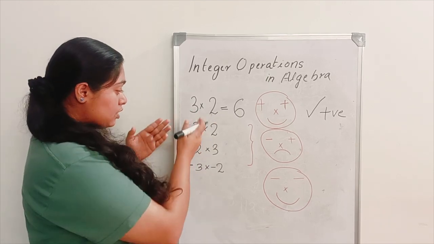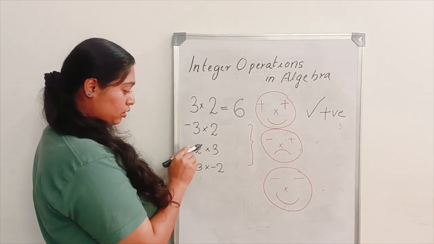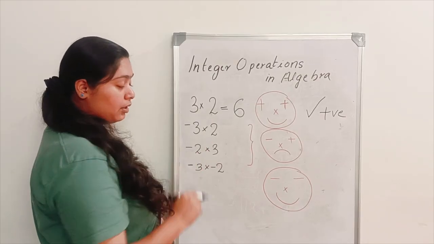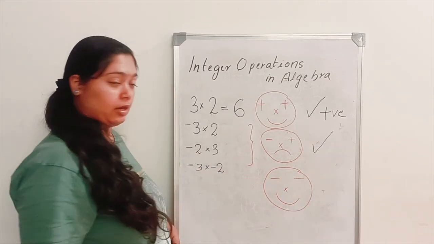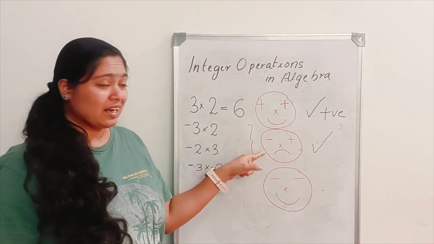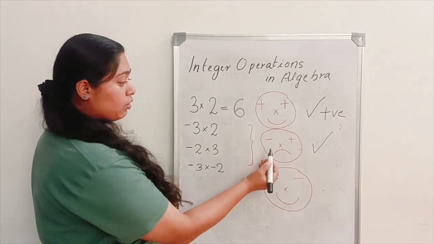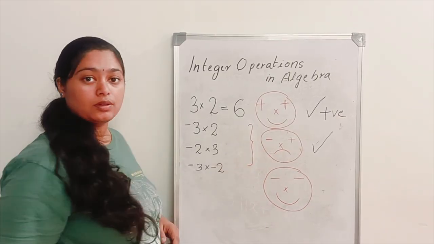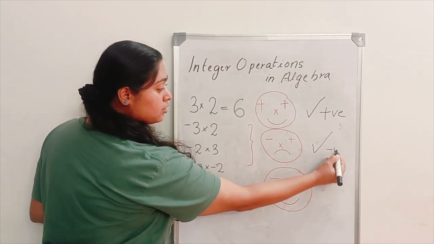Now let's look at these two examples. I have a negative 3 multiplied by a positive 2 and a negative 2 multiplied by a positive 3. For this you can refer to the second image. It kind of looks like he got punched in one of his eyes. That's why one of his eyes is closed and one is open. And this makes him sad, and sad means he is negative.